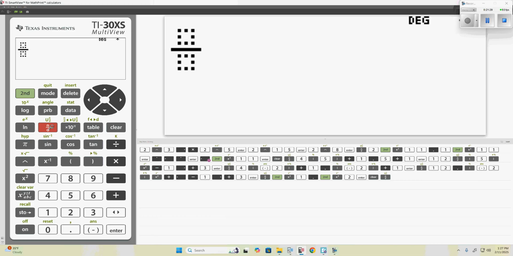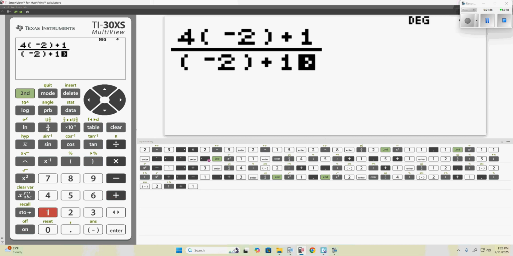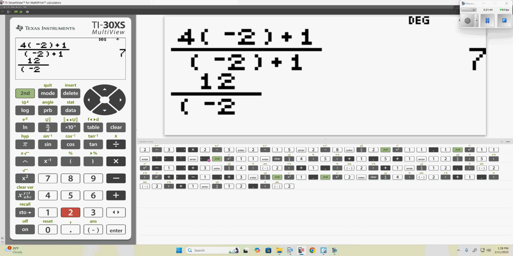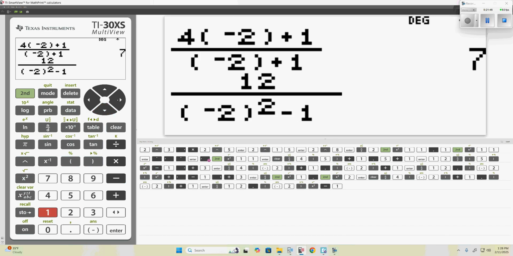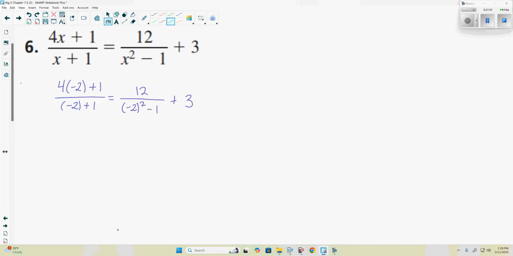Oh, there we are. 4 times negative 2 plus 1 over negative 2 plus 1 is 7. On the other side, we have 12 over negative 2 squared minus 1 plus 3 is also 7. So that tells us 7 is equal to 7. That is a true statement. Both sides are the same. So negative 2 is a solution.